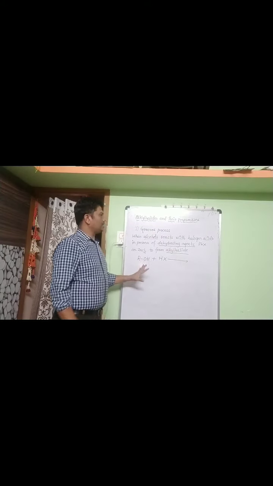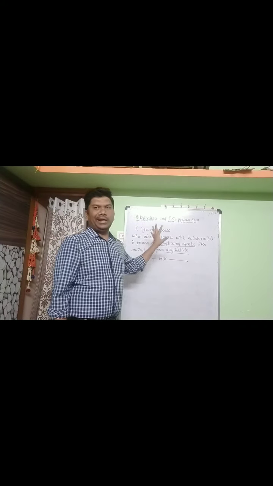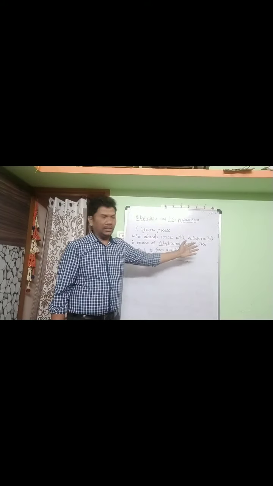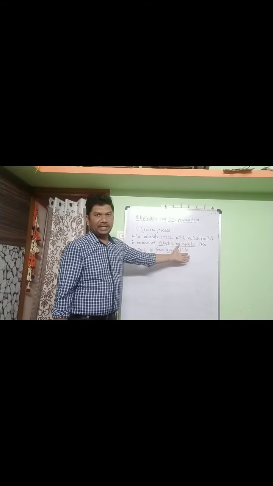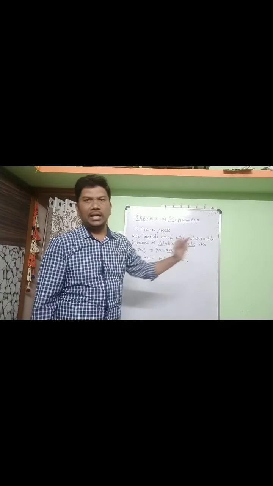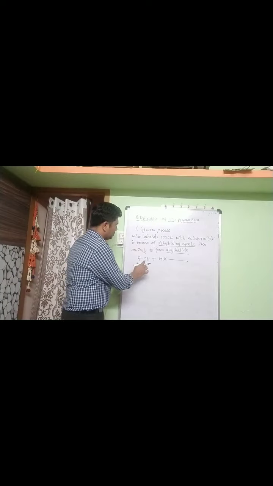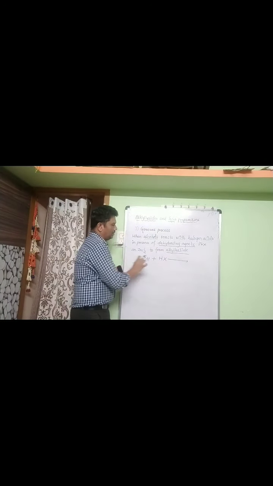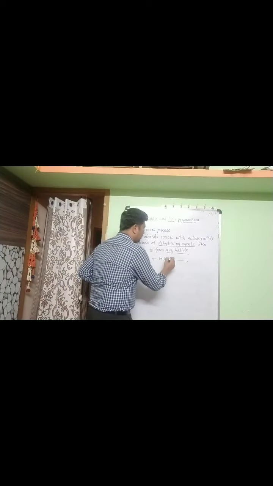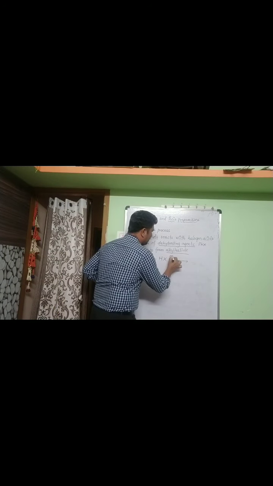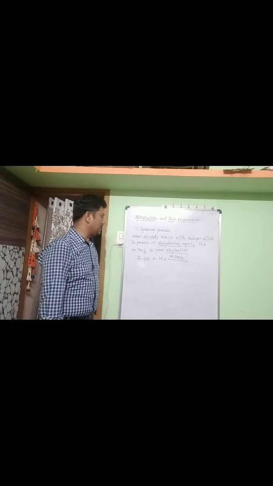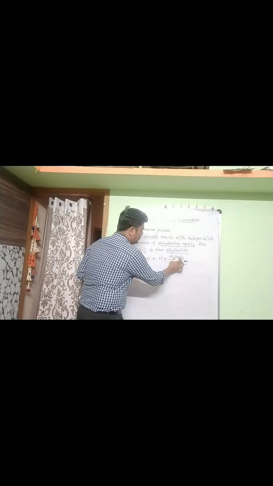So the simple meaning is you have to take alcohol and react with halogen acid in presence of a dehydrating agent like anhydrous zinc chloride, and you will get alkyl halide. So let me write the reaction. This is the general representation of alcohol, ROH. This is the general representation of halogen acid, HX, in presence of a dehydrating agent like anhydrous zinc chloride to form an alkyl halide. It helps to remove water molecule.